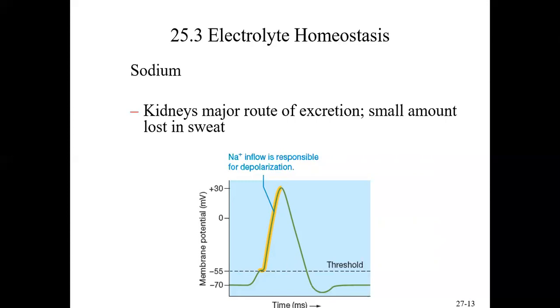One thing to note here about sodium is that the kidneys are the main organs that are trying to regulate your sodium levels. So they're trying to balance sodium, and you do lose a little bit in sweat, perspiration, but it's a very small amount. So the kidneys are the main route at which you lose sodium.